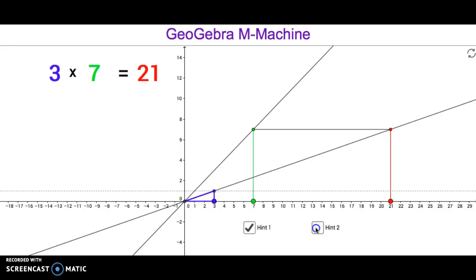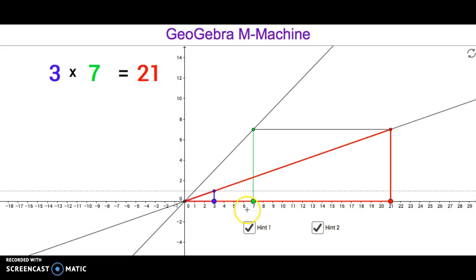If I look at the other similar triangle, it has a base of 21 and a height of 7. So they're similar triangles. If I write this as a proportion, base over height, I would have 3 over 1 equals 21 over 7, which simplifies to 3 over 1. So they actually create similar triangles.